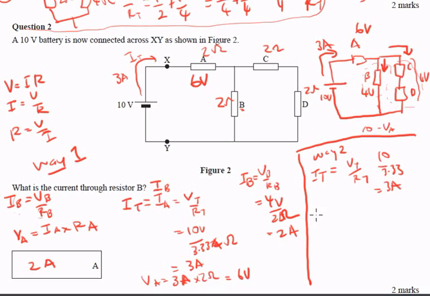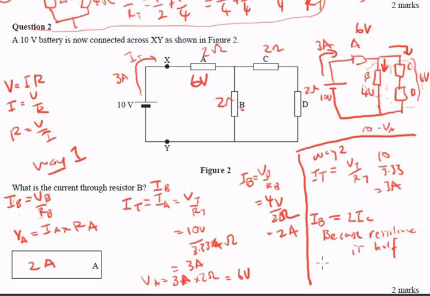So the current that goes down B is therefore going to be twice as much as the current that goes down through C, because the resistance in this arm is half of the resistance of this arm, so it gets twice the current.